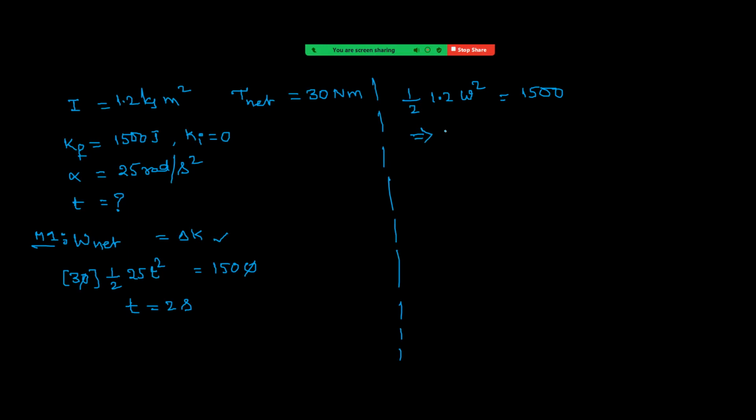That means from this what we get omega value. This is now 0.6 times and 0.6 here. See how many times? So omega square. That means omega comes out to be 50 radian per second, right? Since alpha constant, omega equal to alpha into t. Alpha is 25 into t. That implies t equal to 2 seconds, right?